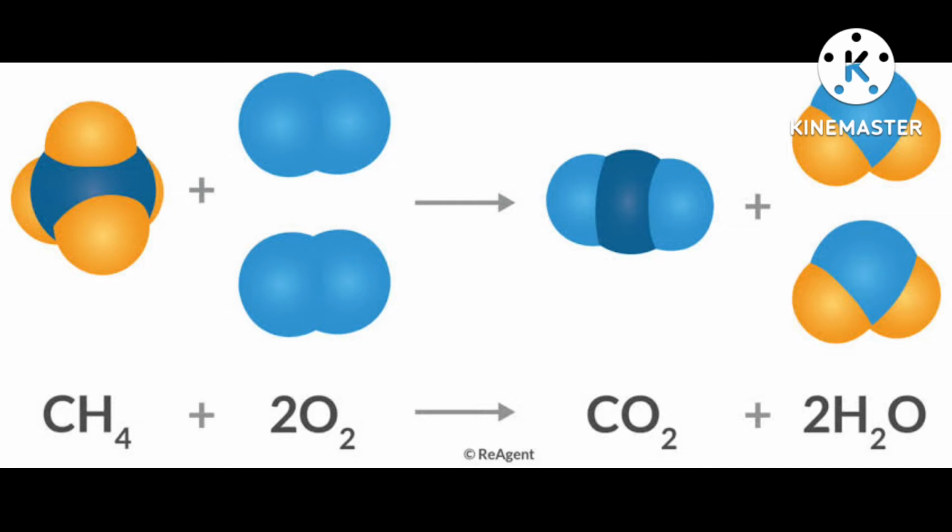Before understanding how to calculate the amounts of reactants required or the products produced in a chemical reaction, let us study what information is available from the balanced chemical equation of a given reaction.